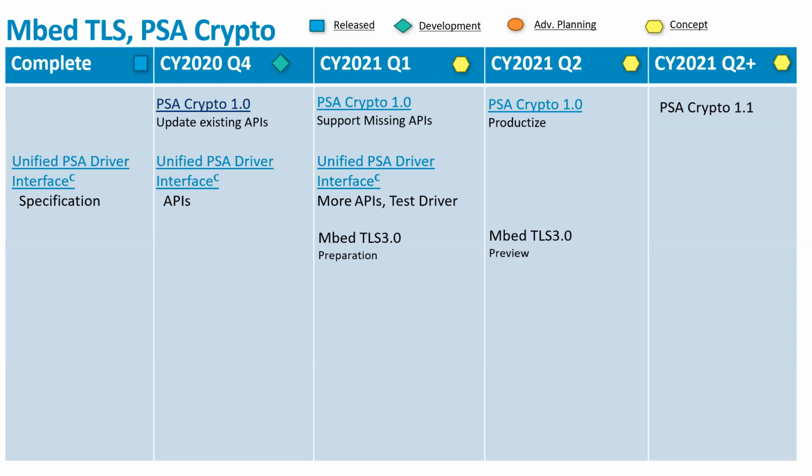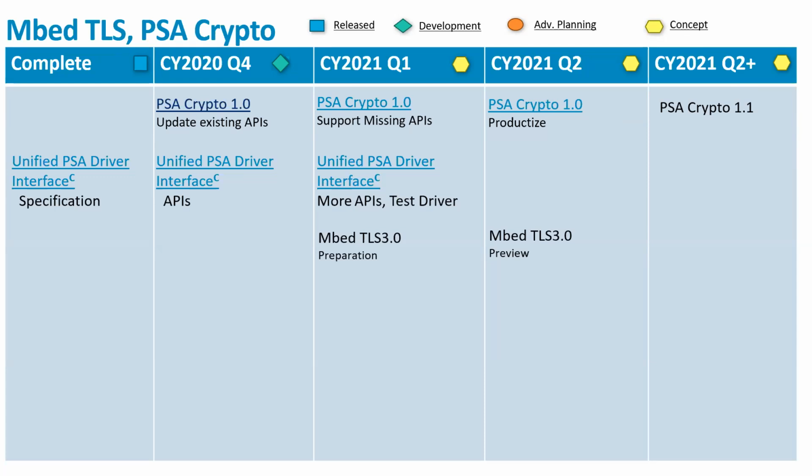The project is now part of TF.org, as I've said. We have shifted focus to PSA crypto, but still there is very much a desire to create Mbed TLS 3.0. It's just that the PSA crypto and the driver interface work has taken up all the bandwidth. Hopefully by early next year, we can start preparing the project for Mbed TLS 3.0.